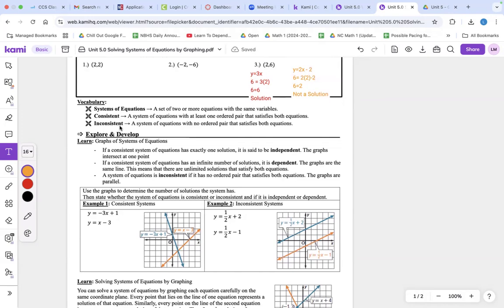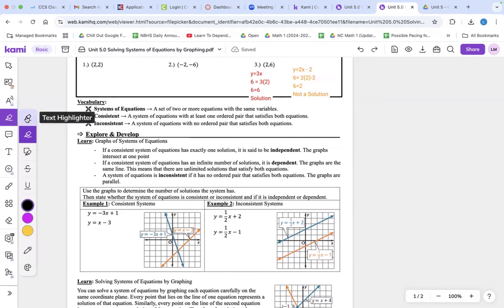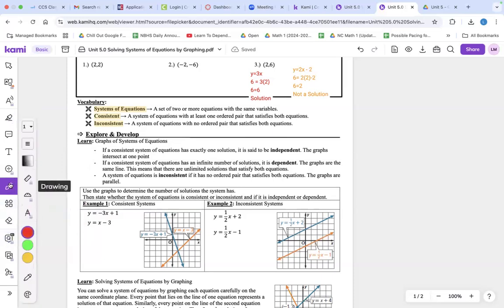With your highlighter, I need you to highlight systems of equations here. Highlight consistent. And we're going to highlight inconsistent. These are our definitions. And I need you to underline that definition.